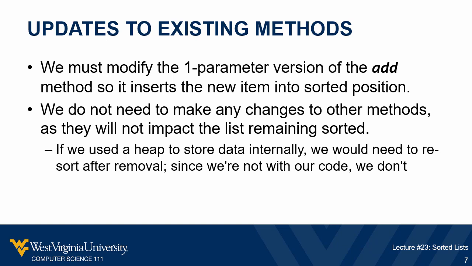That's not going to be an issue with what we're doing. We can just follow our normal remove process, and we don't have to worry about resorting things like we would with a heap. Let's go ahead into Eclipse, and we'll see how we can take a regular list and make it sortable.